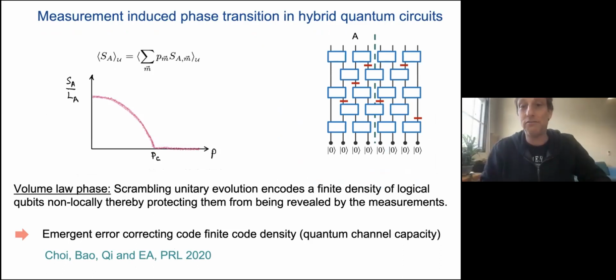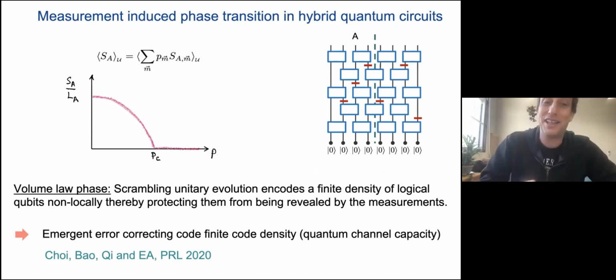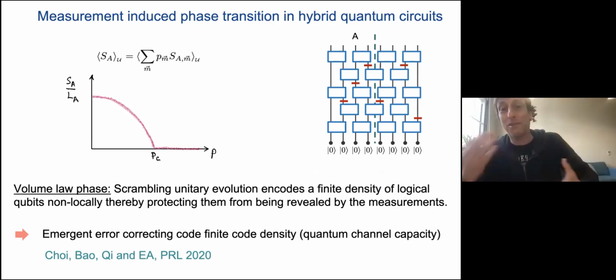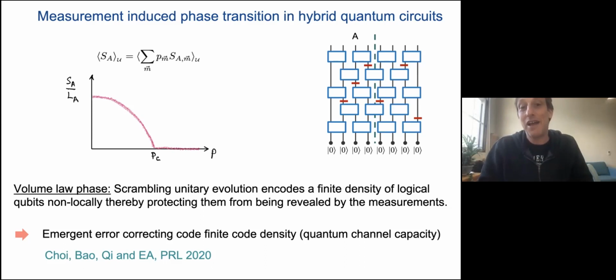When the state is non-local, information about the correlations between subsystem A and subsystem B becomes more and more non-local, so that when we measure a local qubit, we don't reveal information about correlations between A and B. Although we disentangle that qubit, since we don't reveal any information about the correlations between A and B, the entanglement between A and B doesn't change.